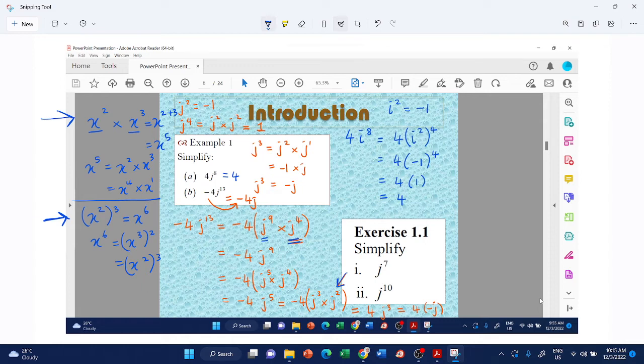It depends on the situation. Madam chose these numbers, 2 and 3, just to show that if you have two bases versus one base, what happens to the indices. Do we add or multiply?